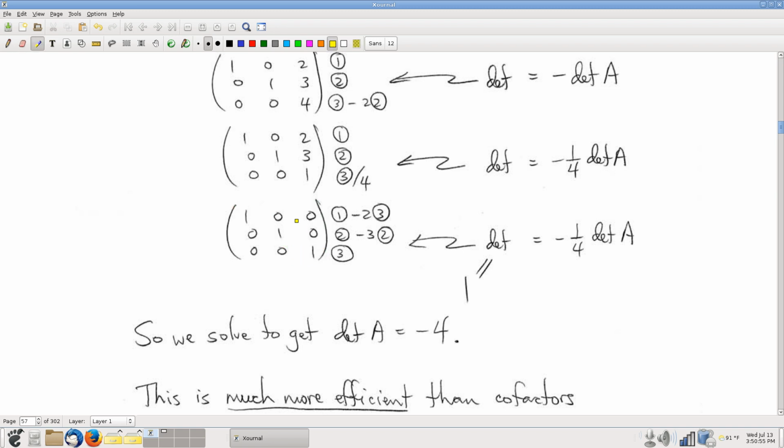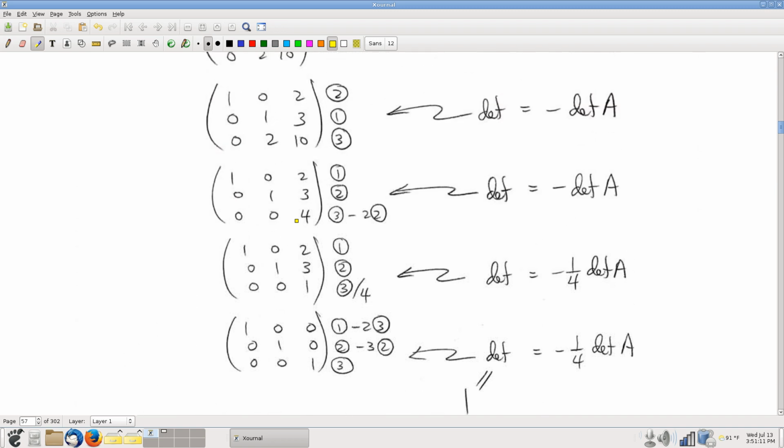So reduced row echelon form matrices are super easy to compute the determinants of. They're either the identity, in which case the determinant's 1, or they're not the identity, in which case the determinant is 0. Okay.